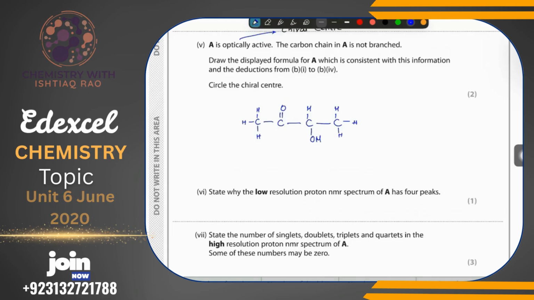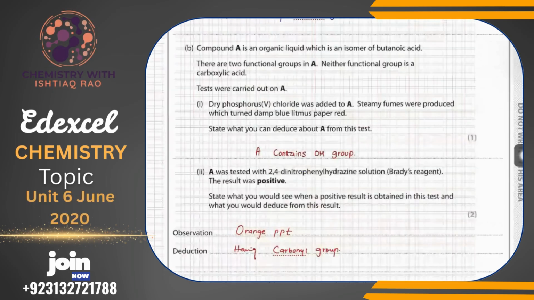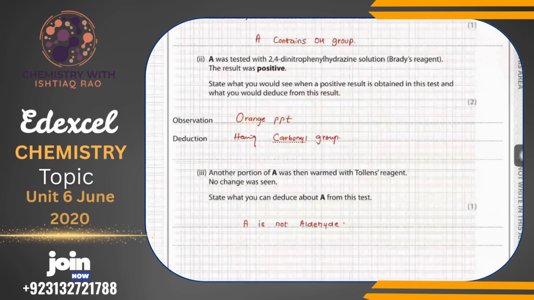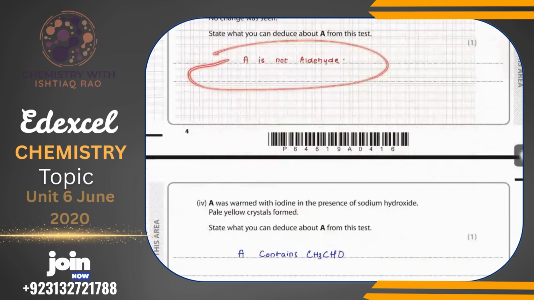Basically, they are saying that you have to see from B part 1 to B part 4. In part 1 we identified that it has an OH group, and in part 2 a carbonyl group, and in the third that it's not an aldehyde.